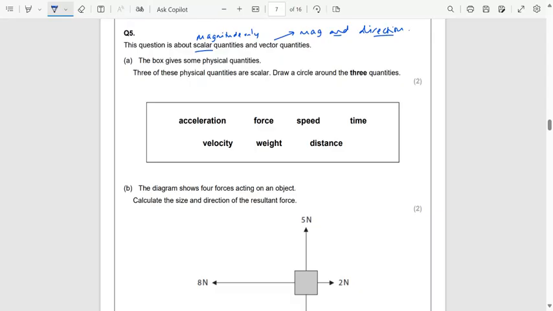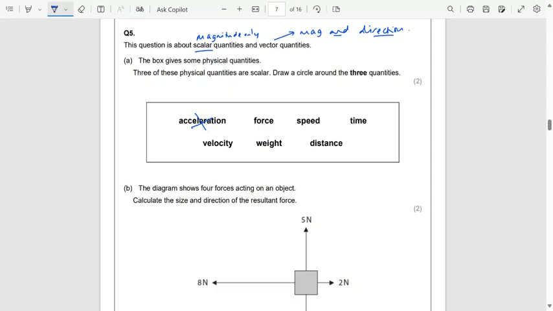So it says 3 of the physical quantities are scalar, and we need to draw a circle around the 3 quantities. So these are the ones that can't be plus or minus. Now, an acceleration could be plus or minus. If it's plus, it's accelerating. If it's minus, it normally means decelerating. So it's not that one.